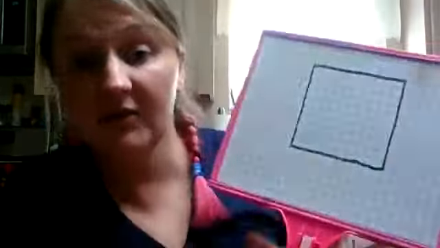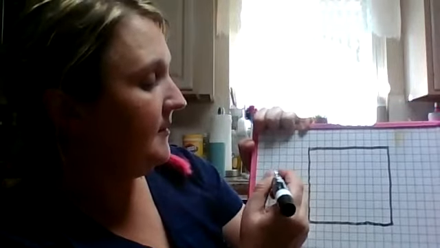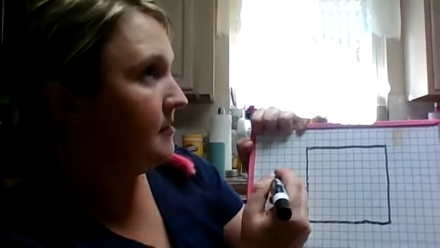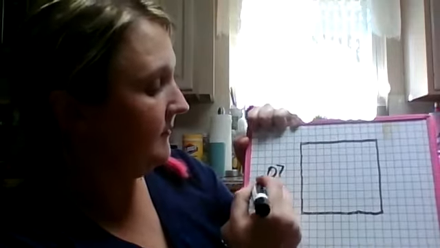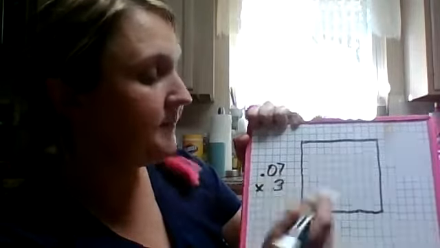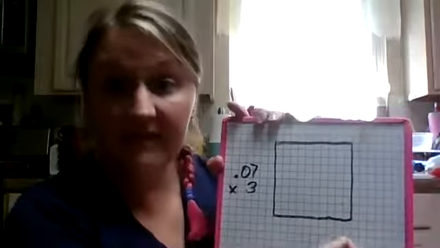So if I have a square and I want to represent 0.07 times 3, I am going to have 3 groups of 7.